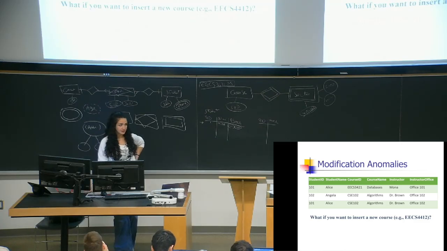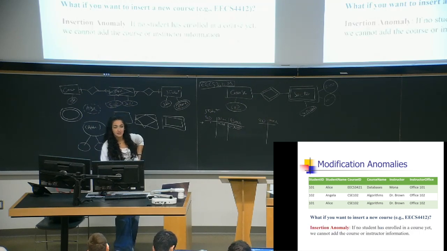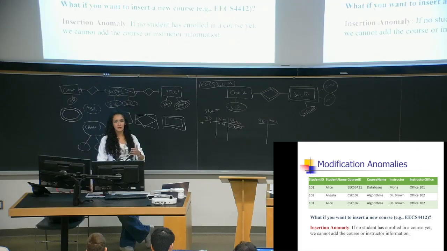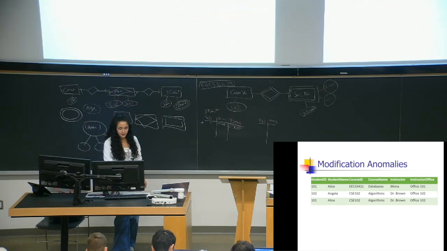Yeah, that's another issue, right? This is the insertion anomaly that your friend correctly mentioned. For example, if no student has enrolled in a course yet, we can't add the course or instructor information. Let's say we want to introduce a new course at York University, but we don't have any student yet, so we can't handle that.